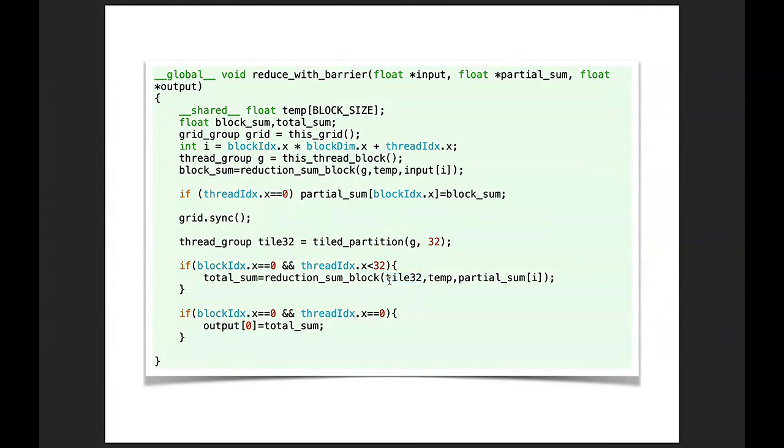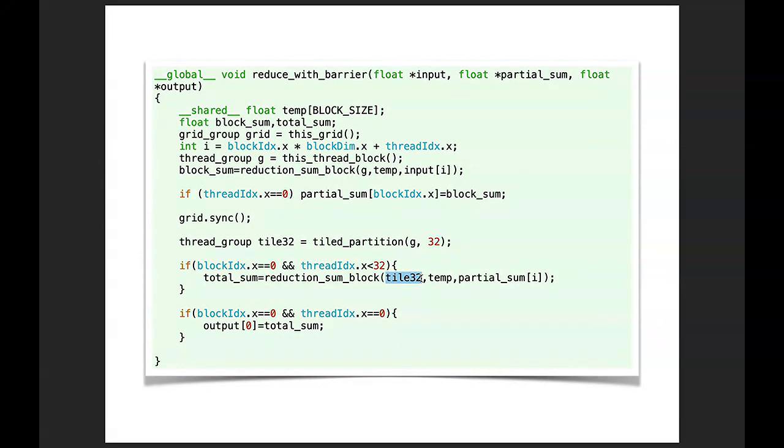But the function still works, even though I am passing a small group of threads. And remember that the essence of this function is that it can synchronize. And here, by using a tile, I'm going to be synchronizing across a group of only 32 threads, not the entire block.